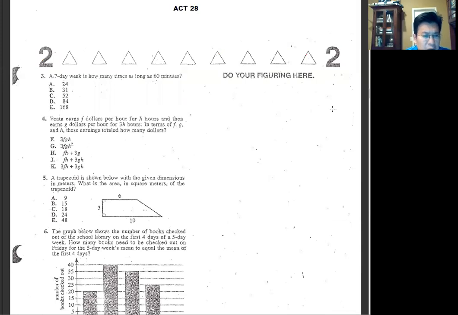A 7-day week is how many times as long as 60 minutes? 60 minutes is 1 hour. So how many hours in 7 days? 24 times 7, which is 168.